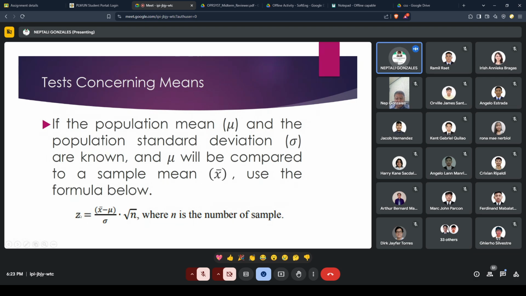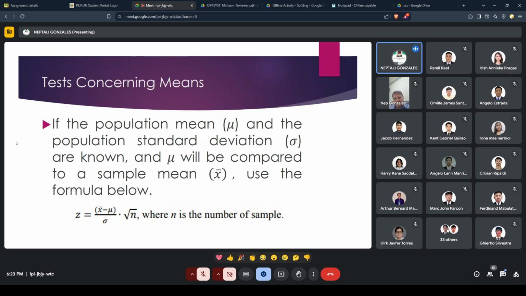So this is the z-test. Concerning the z-test, as I have told earlier, we will first discuss the z-test. Z is equal to the difference of the sample mean x bar minus mu, or the population mean, divided by the population standard deviation, rho, multiplied by the square root of n, where n is the number of samples. Mamaya gagamitin natin yan.